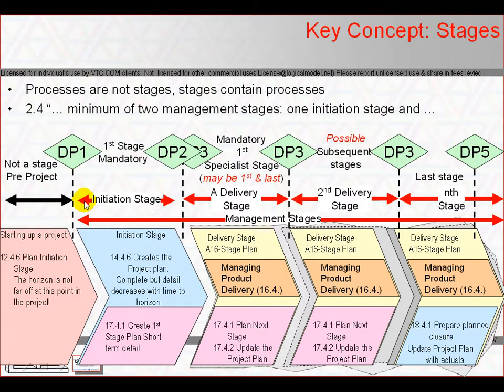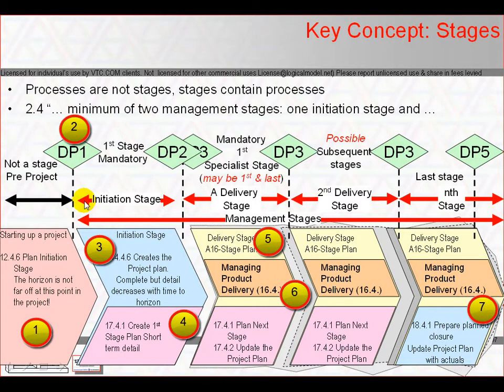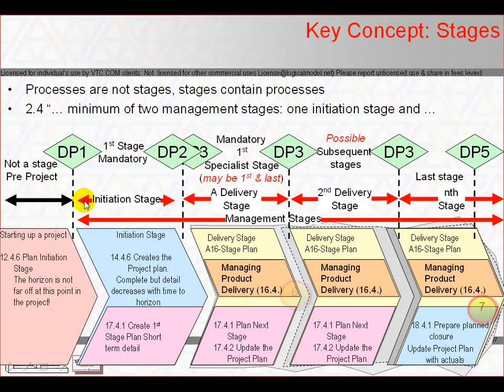Let's just summarize that again. PRINCE2 has 7 processes, of which the first is starting up a project, and it's freestanding on its own. All the other processes make up the content of stages, and a project always has at least 2 stages.